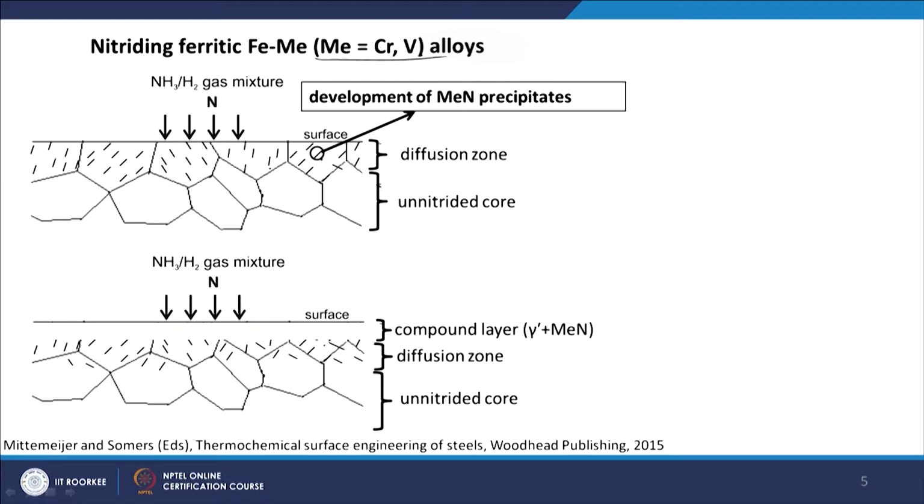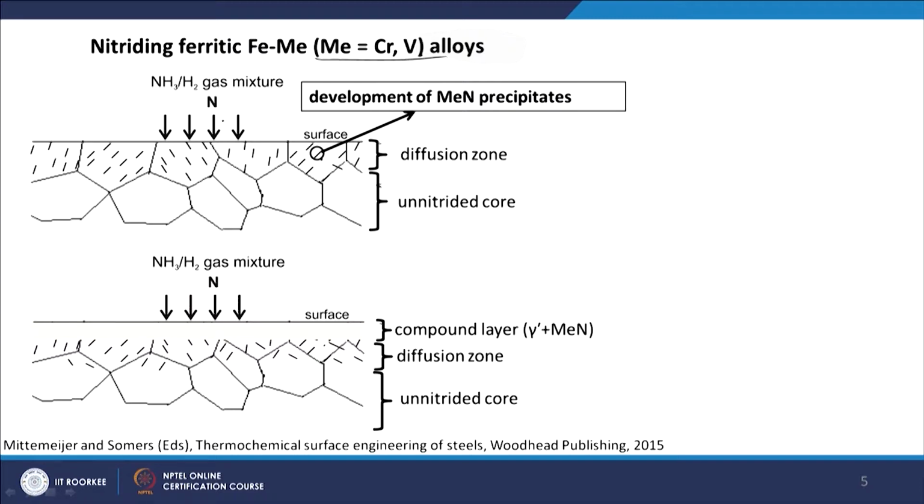Initially nitrogen diffuses in, and we know that in pure iron some amount of nitrogen can be dissolved, but in the presence of elements like chromium this level can be different, and once you surpass that level you start to develop these nitrides.